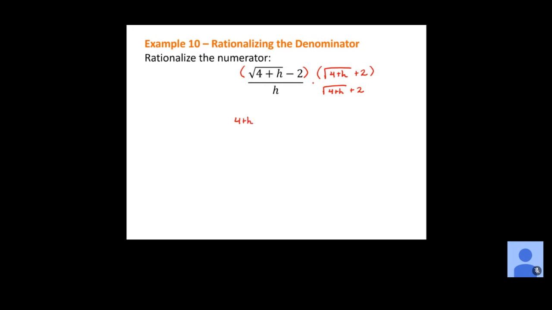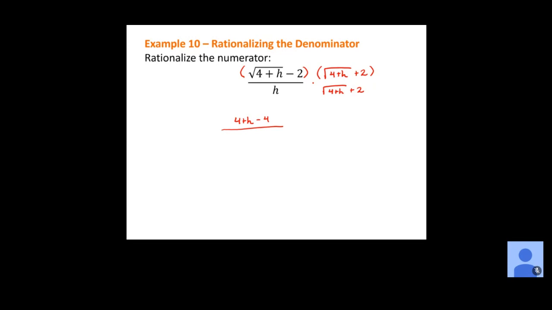So we have 4 plus h now. Now, just like before, the outer and inner terms should be opposite, so you don't have to write those down if you don't want to. They're going to cancel, right? And so then we can just look at our last terms. Negative 2 and positive 2 would give us what? Minus 4. Good. Okay, so there's our numerator.